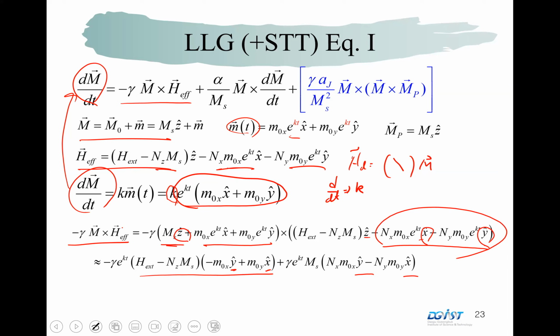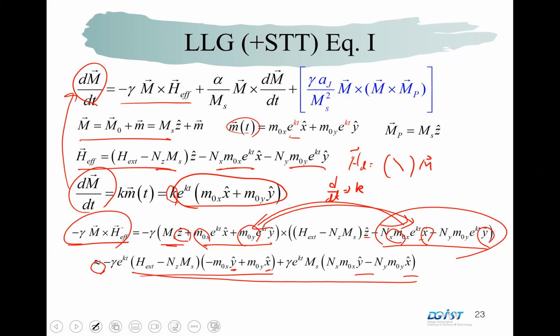Here I use this symbol, which means an approximation, not the exact one. Why? Because we assume this one is small. So for multiplication of these two terms, we obtain the second order of the small m. And we already said we are interested only in the linear term. So we can drop the multiplication of these two terms. So now this is the first order approximation for the precession term.